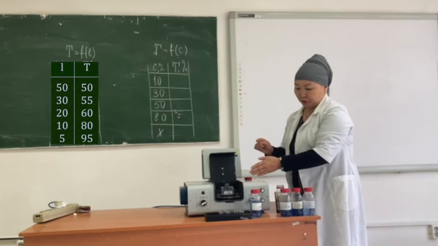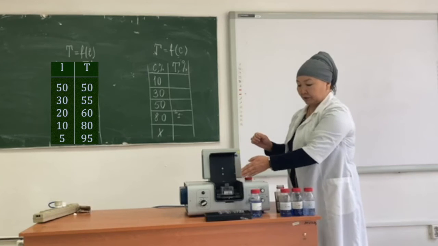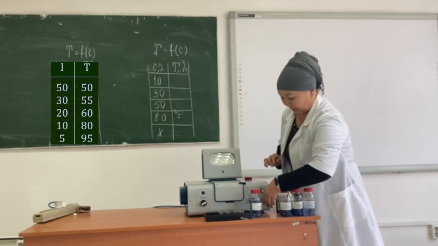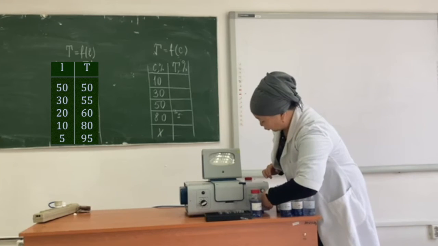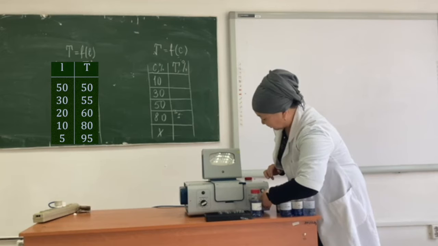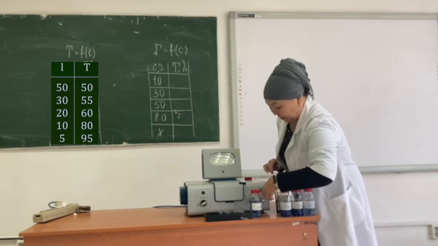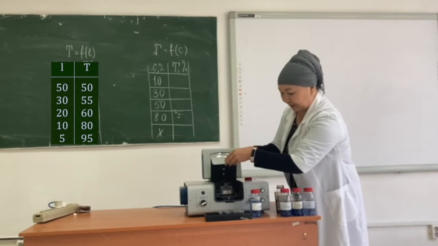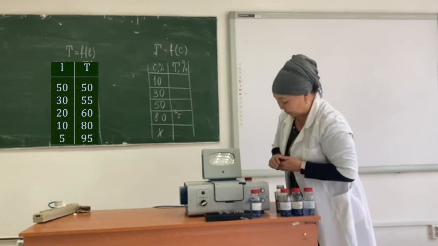We pass the light through a cuvette with clean water and set it to 100%. To determine the transmittance of a 10% liquid, we change the position of the stage and pass light through the colored solution. On the scale, we read 79%.